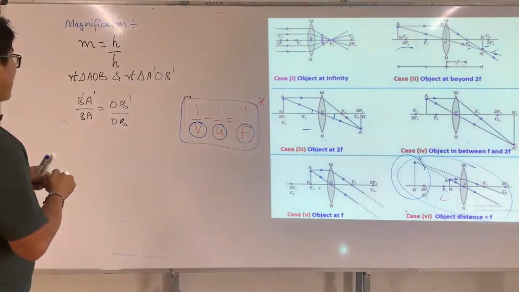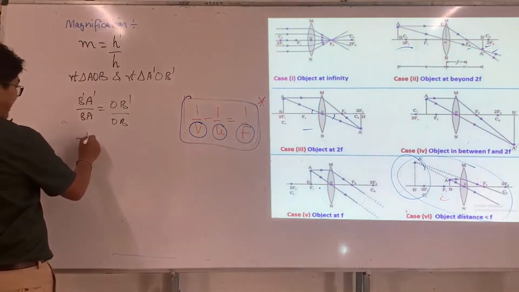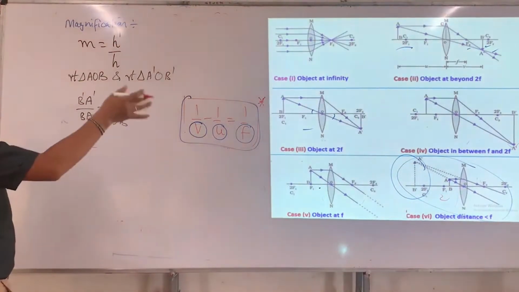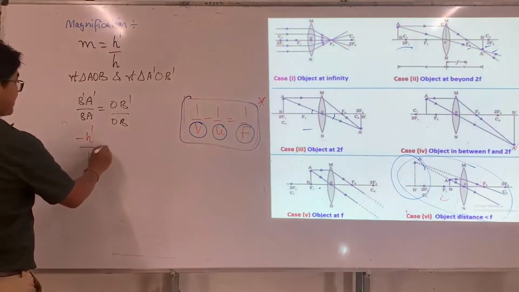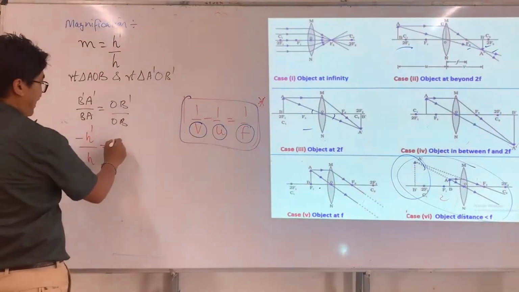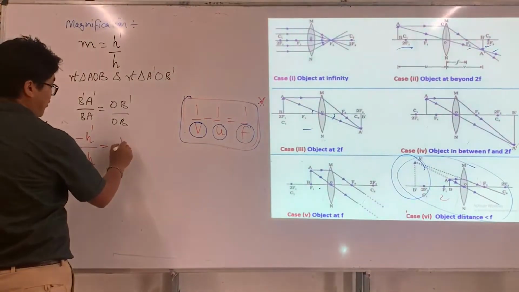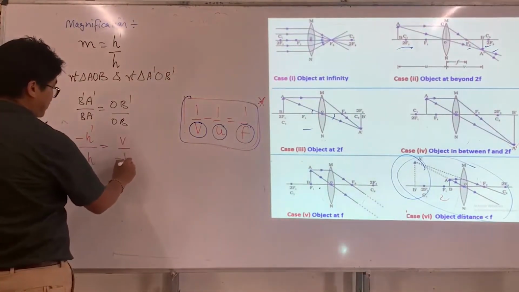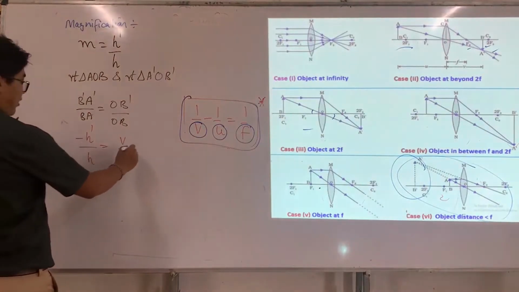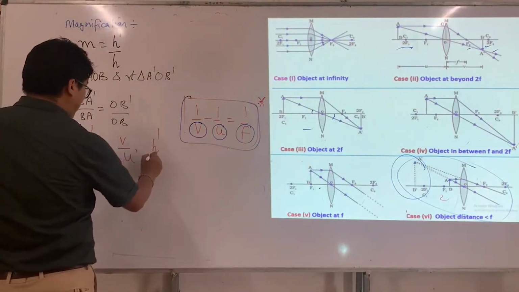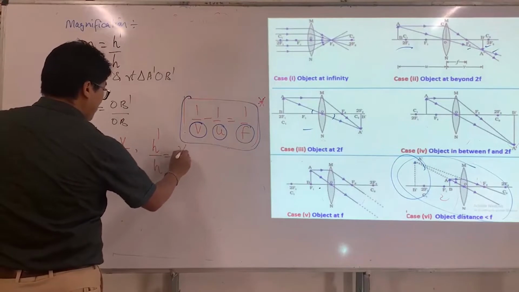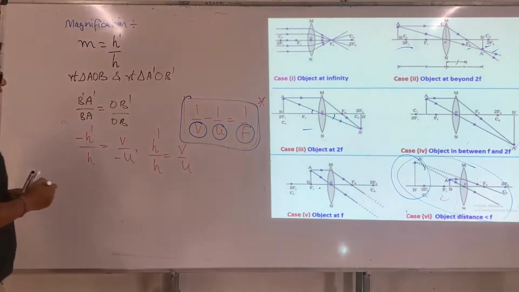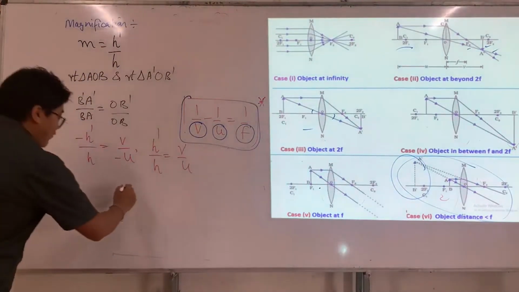Now I use the sign conventions. This is going to be a minus H prime, because it is inverted. This is going to be H, and this is going to be a plus V. This is going to be a minus U, and these two minus signs cancel out. Finally, I get H prime divided by H is equal to V by U. And what is H prime by H? It is magnification.